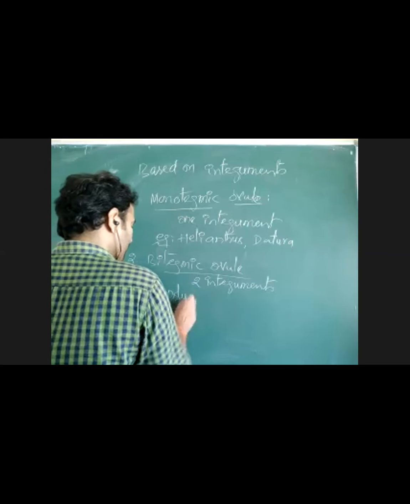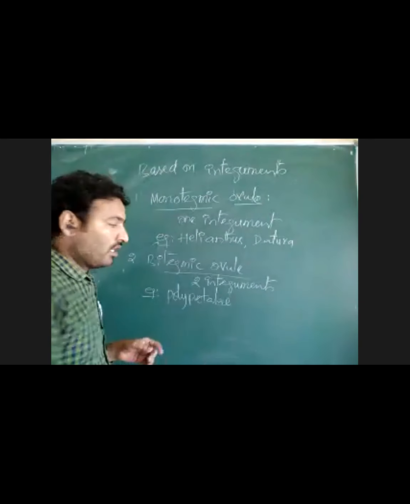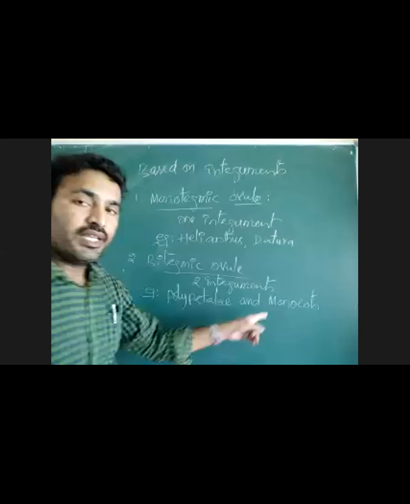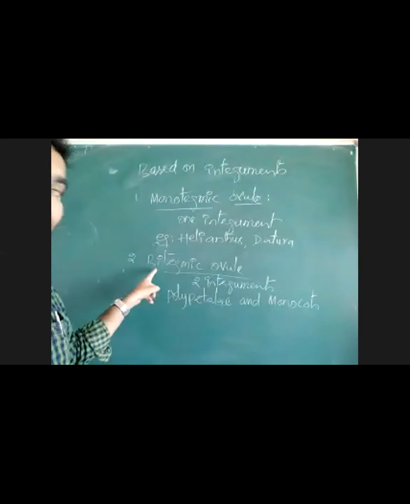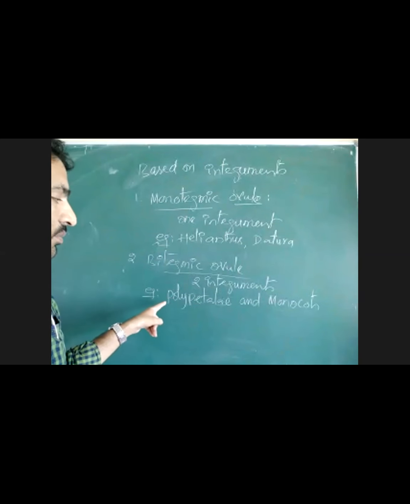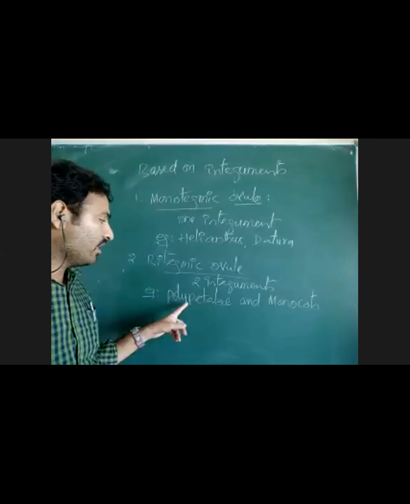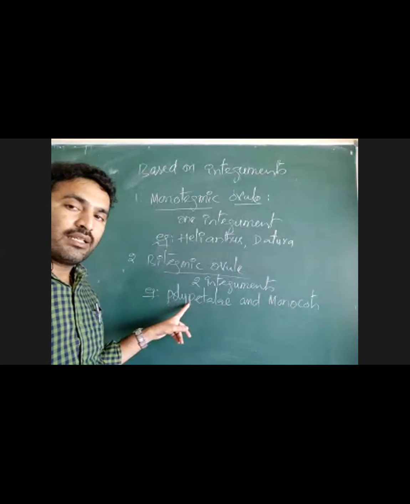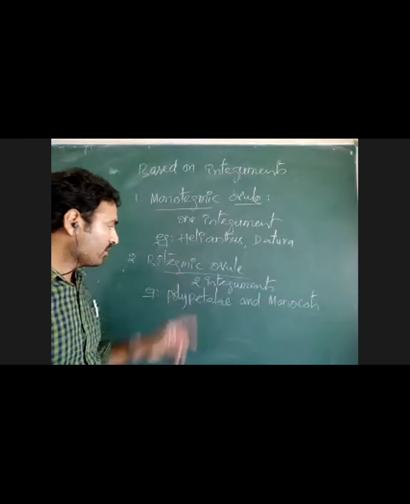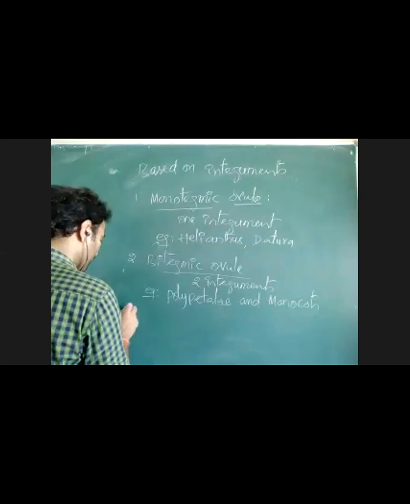This we can observe in the members of Polypetalae and monocots. Polypetalae is a large order in dicots, so there is presence of bitegmic ovule. Majority of dicots and all monocots have bitegmic ovule.